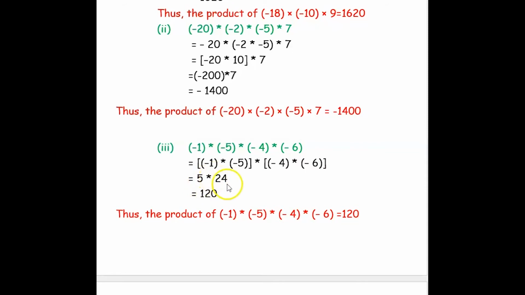So 5 into 24 is positive 120. Thus the product of negative 1 into negative 5 into negative 4 into negative 6 is positive 120. We can also see here, if we have an even number of negative integers, then our result will be positive. We have learnt all these properties of negative integers in our previous videos.